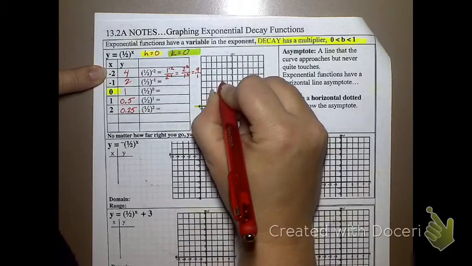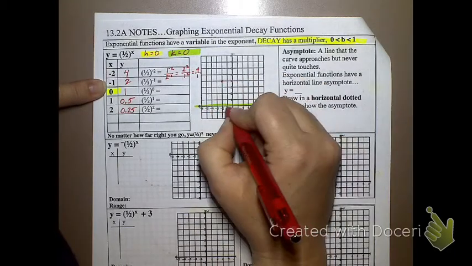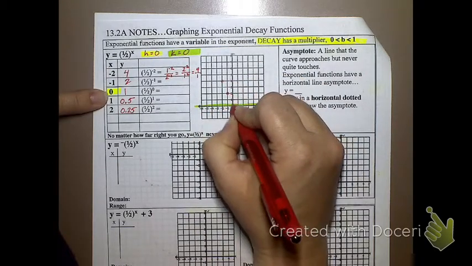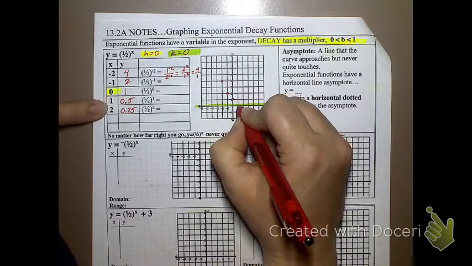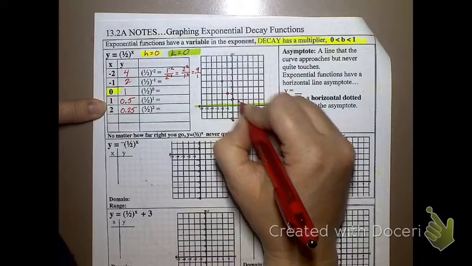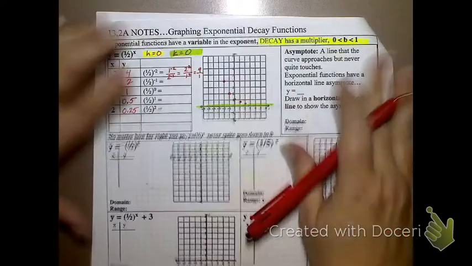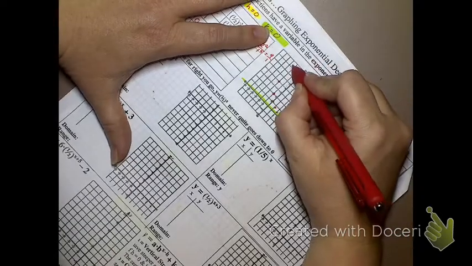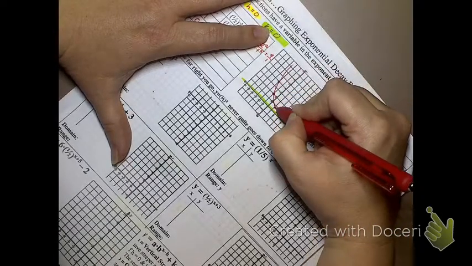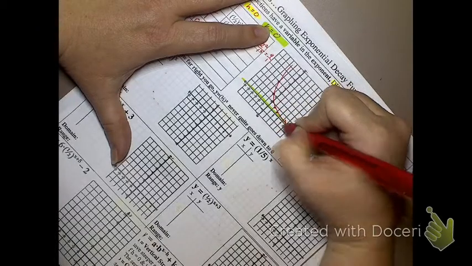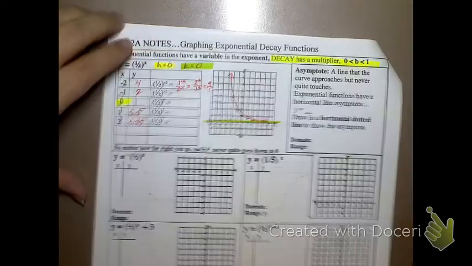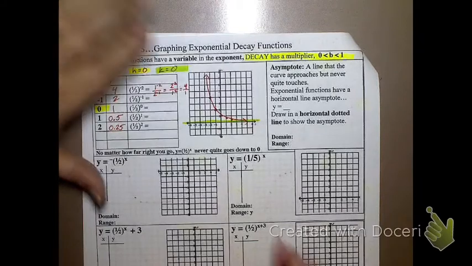-2, 4, -1, 2, 0, 1, 1.5, and 2.25. Can I cross my asymptote? No. No, never cross your asymptote.